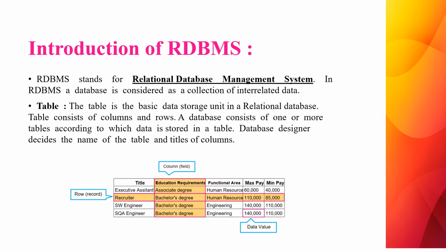They are also known as the fields, and the rows are called the records, entered horizontally. Executive assistant, recruiter, SW engineer, SQA engineer, and the related data entered in the horizontal manner are called rows or records. So a table is nothing but the combination of vertical columns called fields and horizontal rows called records.